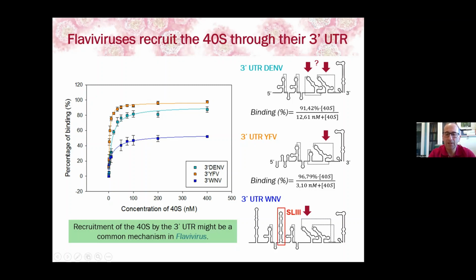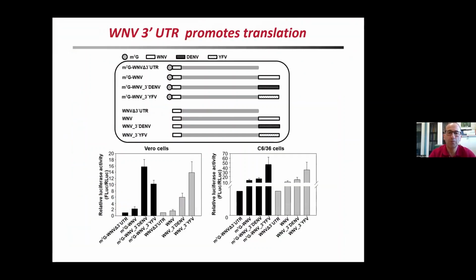Interestingly, none of them contains this SL3 structural unit that we determined as another potential binding site and which has a negative role in translation. So finally, we made a set of constructs using the luciferase gene flanked by the 5' UTR of West Nile virus with cap or without cap, and at the 3' UTR, we used as a control the 3' UTR of West Nile virus, and we replaced it with the 3' UTR of dengue or yellow fever.